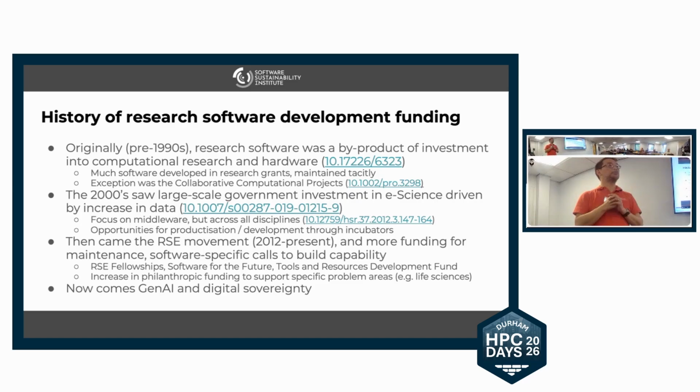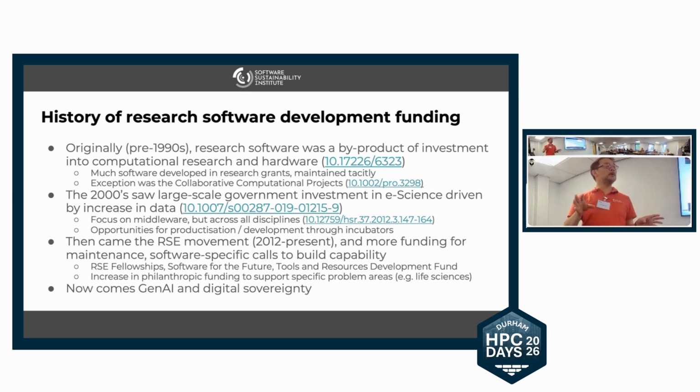And the maintenance of it was pretty much just everyone knew it needed to be maintained, but there was no real funding for it. The one difference, particularly in the UK, was the collaborative computational projects, which are one of the longest running ways of directly funding flagship software codes in computational research.